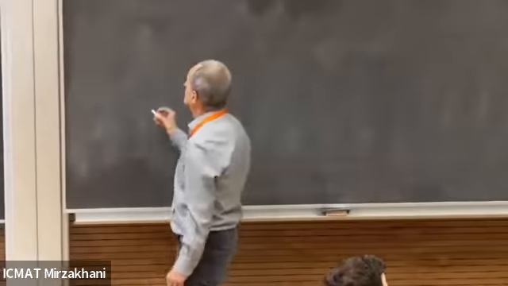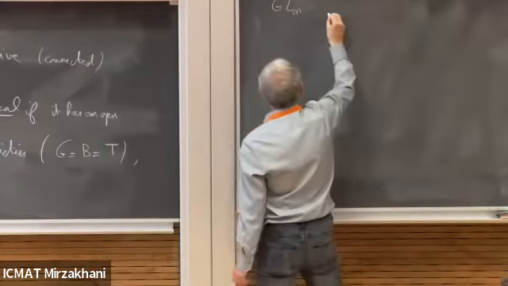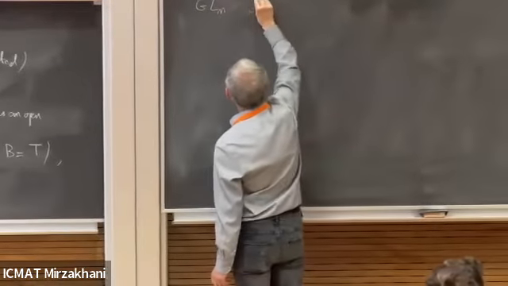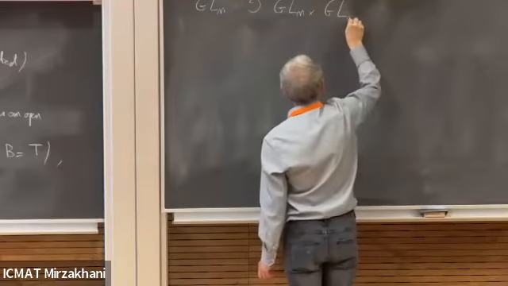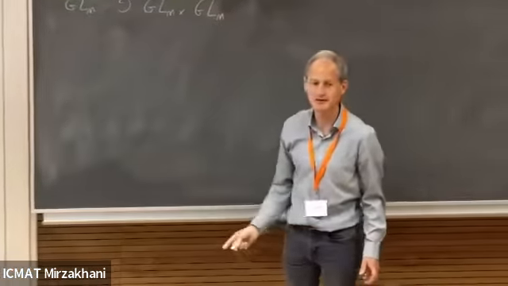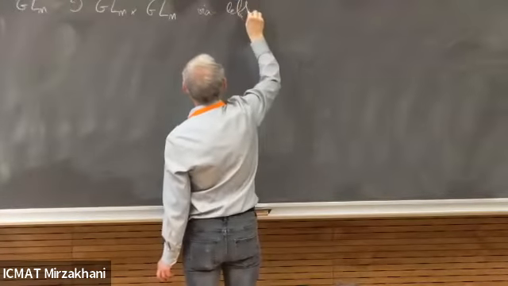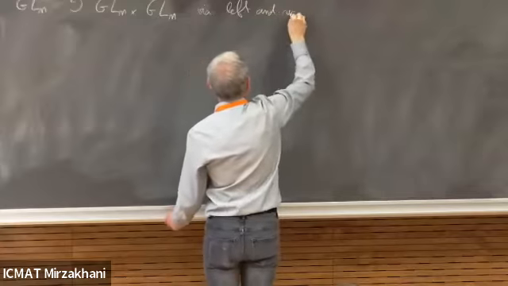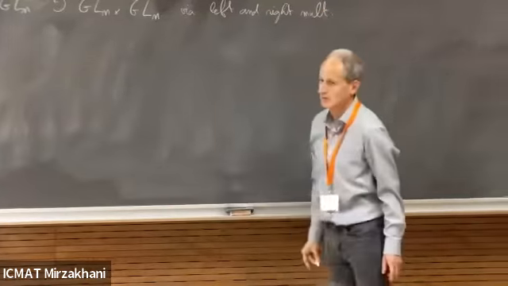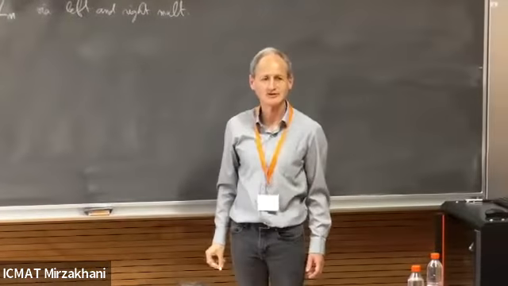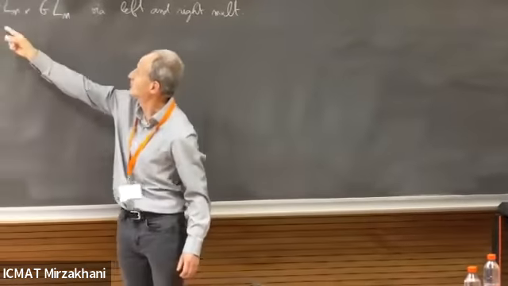So, a rather nice example is GLn, with the action of GLn times itself. And the action is by left and right multiplication. Well, here for notational purposes, it's a bit awkward because everything is doubled.